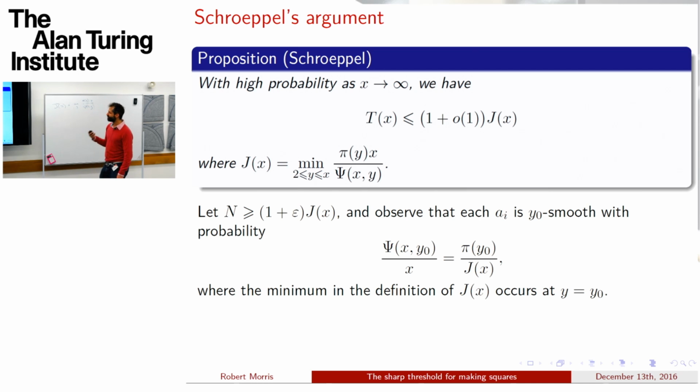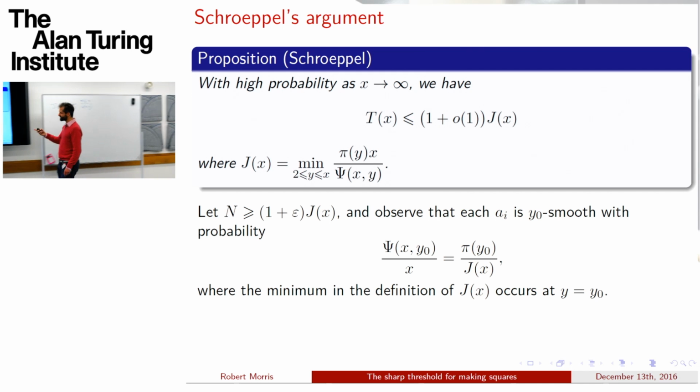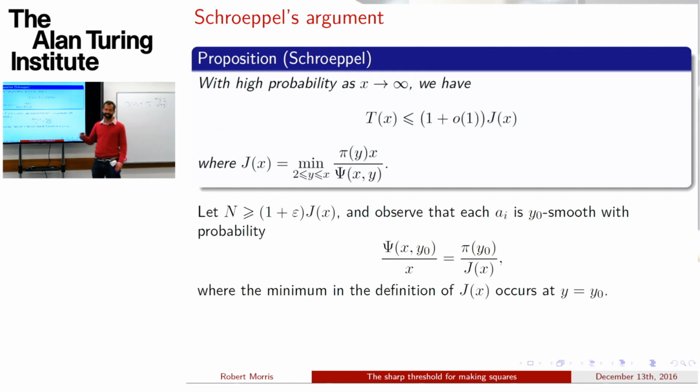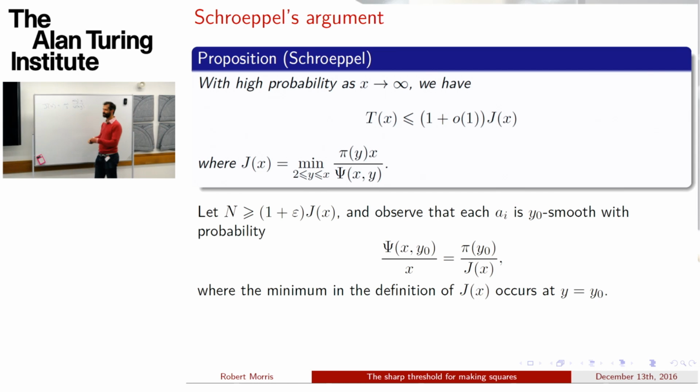So suppose we have more than j of x random numbers, and observe that each one, because they're uniform, is y0 smooth, where y0 is the value that minimizes this. Right, minimize that at y equals y0.